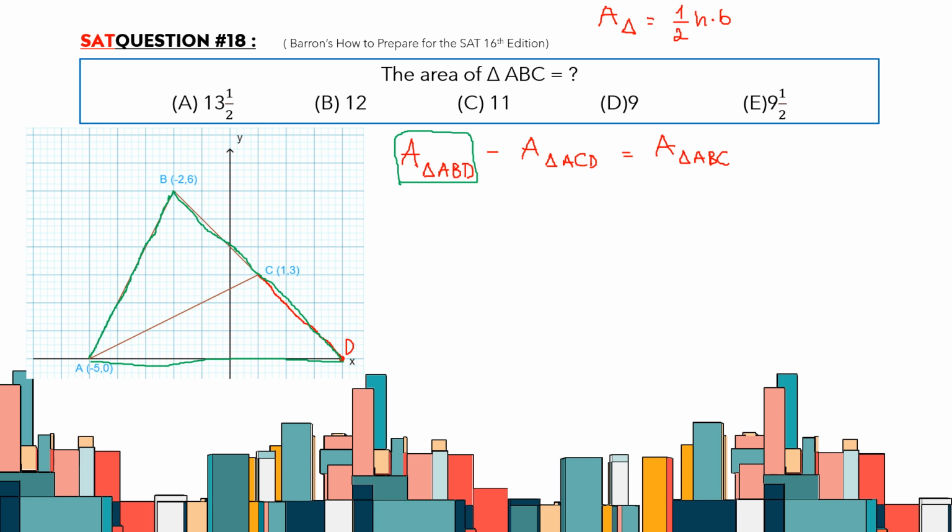And we subtract the smaller triangle ACD, that's the purple one, to get the area of the triangle ABC.